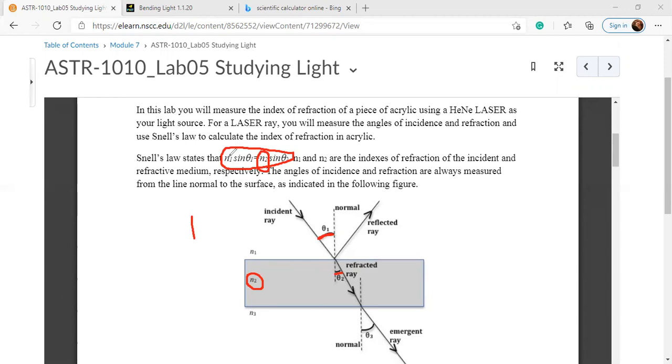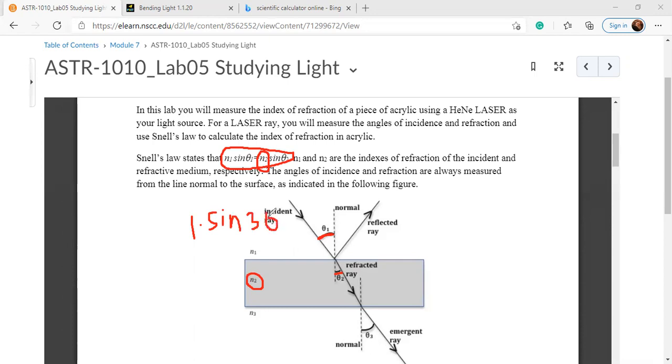For example, the refractive index n1 for air is 1. You measure this theta 1 and put it here, sine theta 1. Suppose you get 30 degrees. You can write it like this, 1 into sine 30.